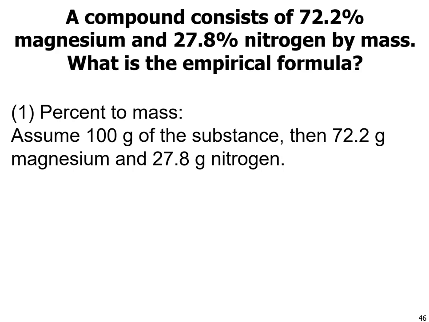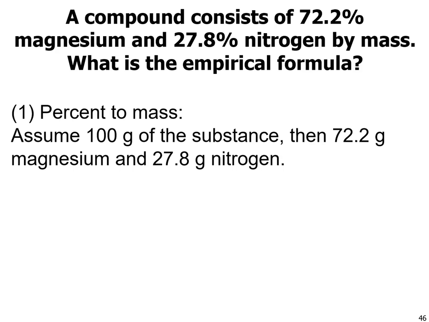Here's an example where a compound consists of 72.2% magnesium, 27.8% nitrogen by mass. What is the empirical formula? So the first part of that rhyme is percent to mass.